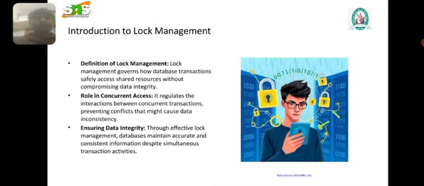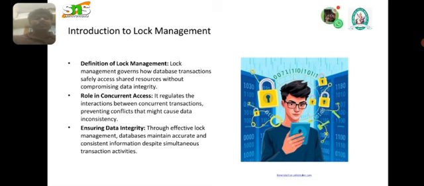First of all, the introduction to lock management. The definition of lock management: it governs how database transactions safely access shared resources without compromising data integrity.